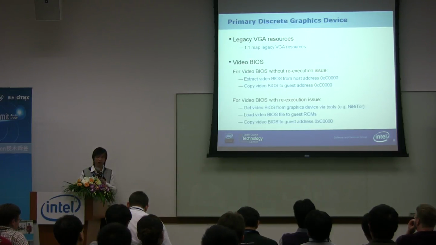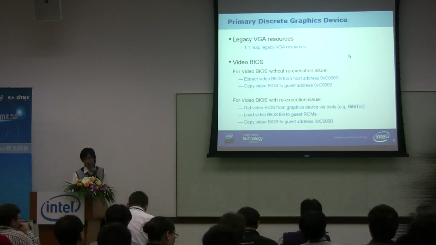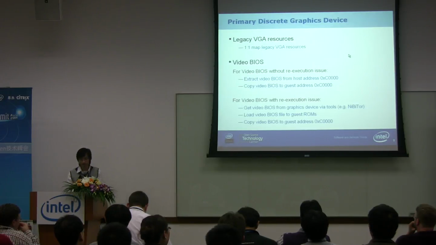So you want the other device in the guest to be able to use this VGA. You need to identity map the address, so it can access the physical VGA resources.